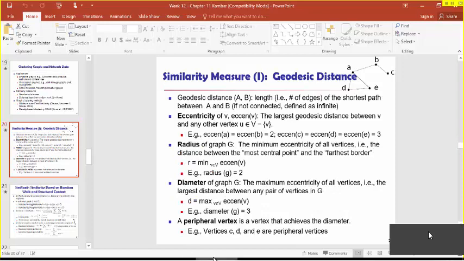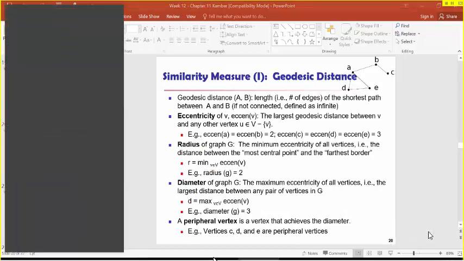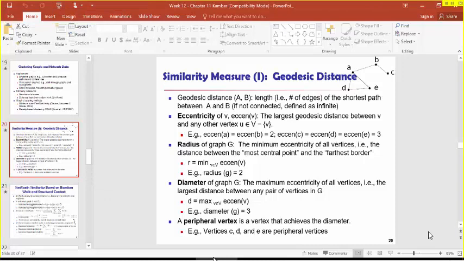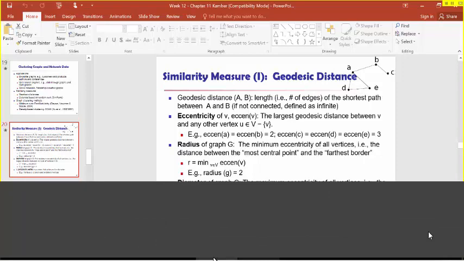So what is a geodesic distance in a graph? A geodesic distance between two points A and B is the number of edges of the shortest path between A and B. It has eccentricity, and the eccentricity of V is the largest geodesic distance between V and any other vertex in the graph. The radius of a graph G is the minimum eccentricity of all the vertices, the distance between the most central point and the farthest border.